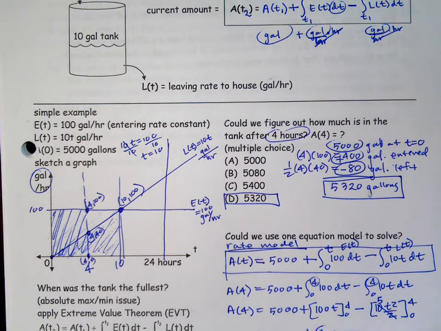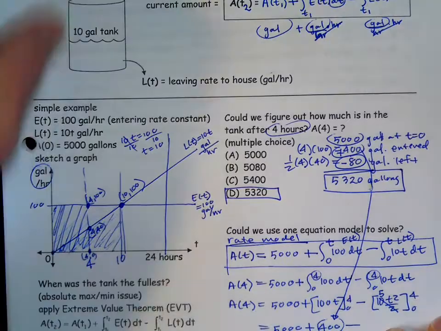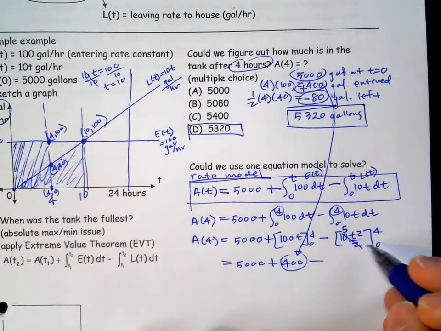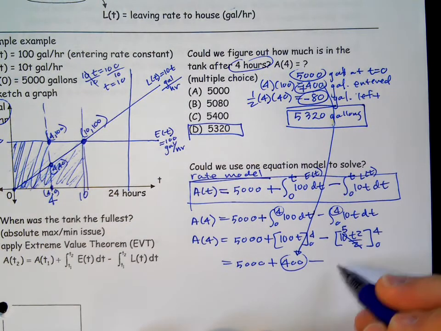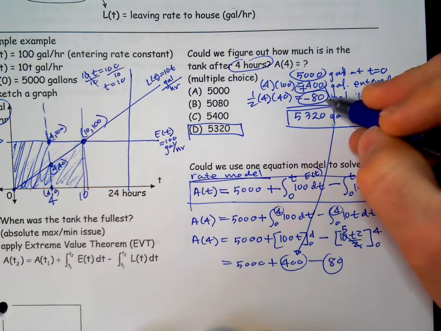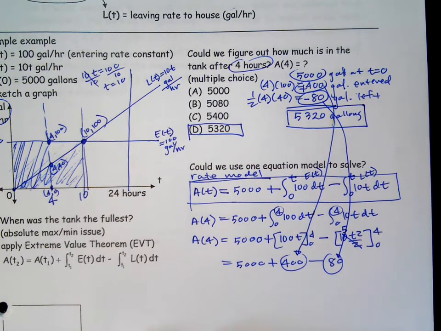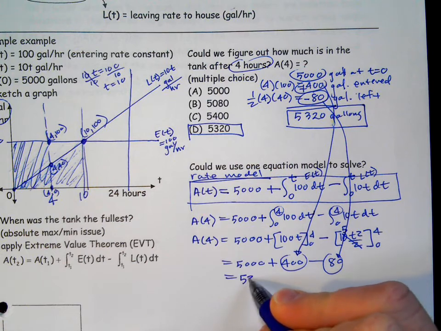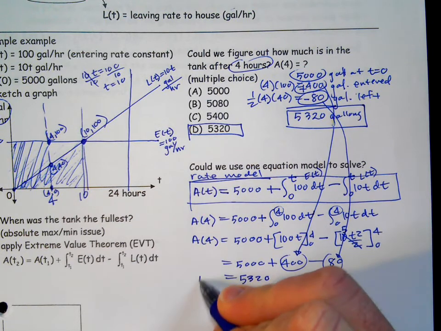And that should look familiar. That was the area under that curve. And then if you plug 4 in here, you get 16 times 5 is 80. You plug in 0 and you get 0, you get 80. That should look familiar. So we're getting the same values. And so we get the same answer, 5320 for the amount of gallons.